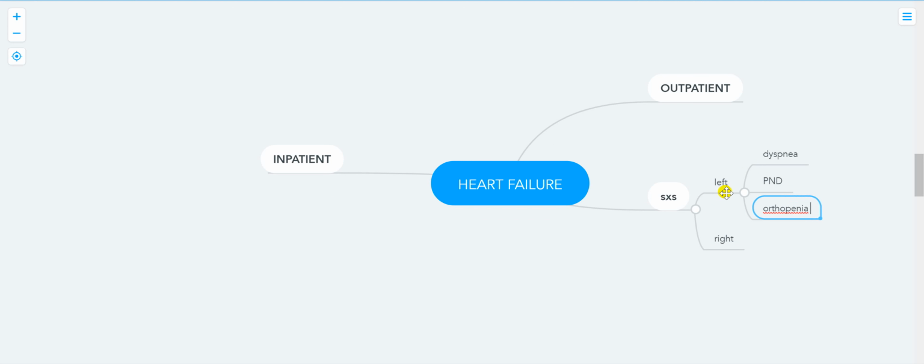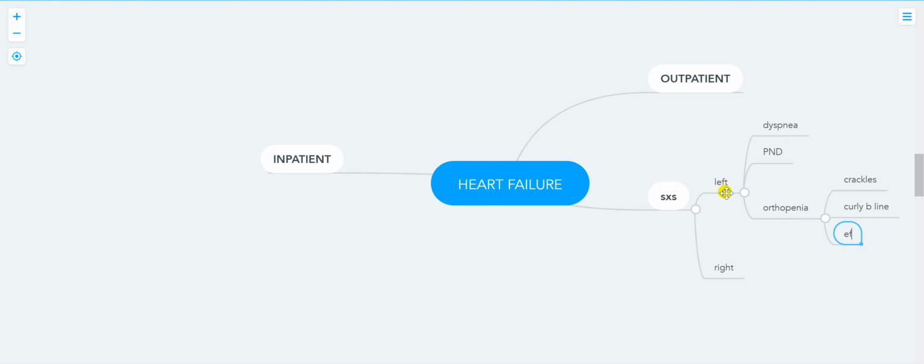What are the signs that we can find? We have crackles, Curley B lines on the X-ray, and we can find effusion on the X-ray.